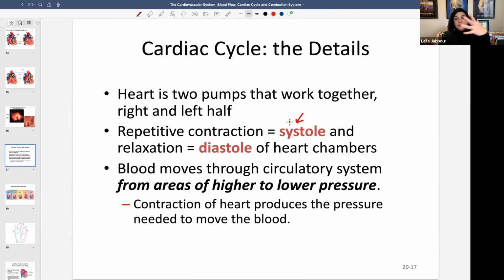And when it relaxes, we call this a diastole. And that's when the muscle is relaxed. So we say it's a ventricular systole when the ventricles are squeezing and contracting to eject the blood upwards, or we talk about atrial systole when the atria are squeezing, and when they're not squeezing, we talk about diastole.